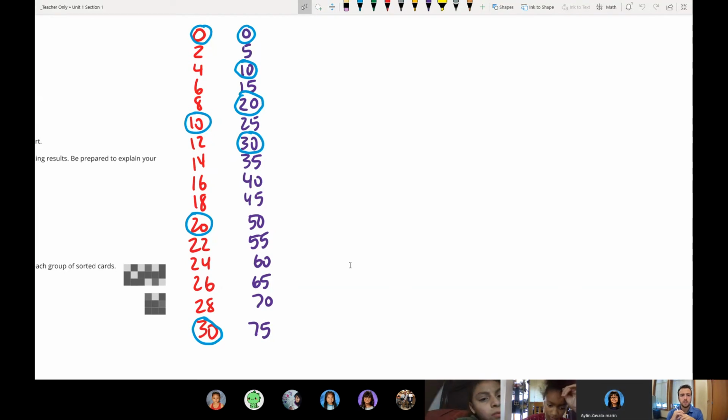How many times do we have to skip count by 5 to get to 10? Daniela? 5. How many times do we need to skip count by 5 starting at 0 to get to 10? 2.